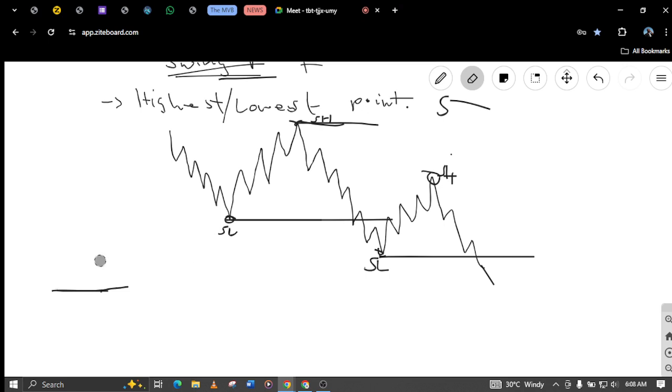So major structure is the structure with the swing points. When we include swing points, that is the major structure. So this is the major structure, but these are the inside structures, the small structures inside the major structure.